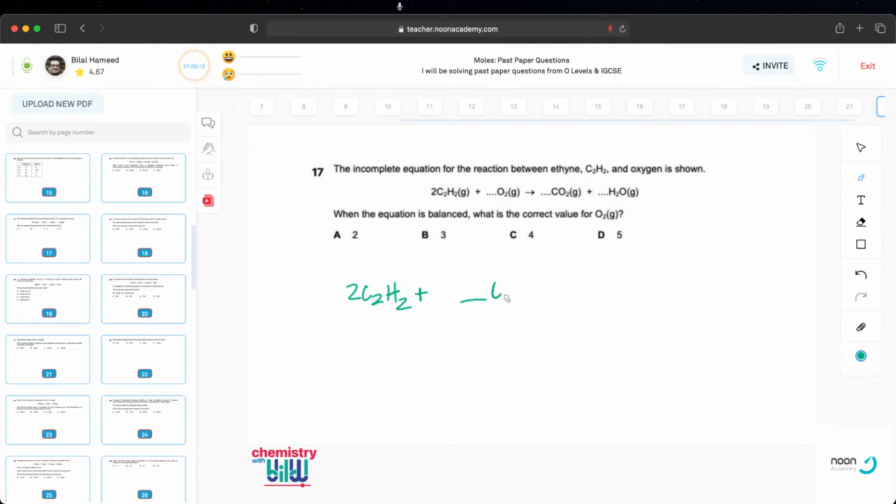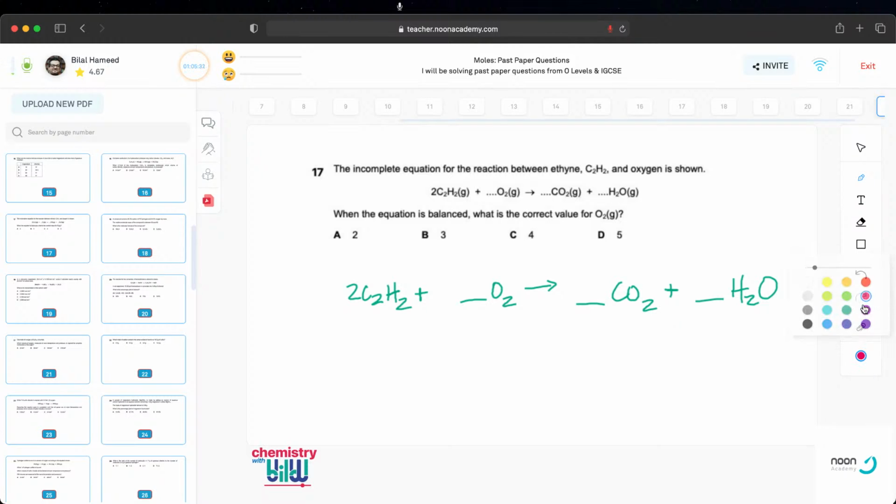Plus something O2 makes something CO2 and something H2O. Now my key to tell you is that if you see oxygen in many places, balance it at the end. Balance the other guys first.